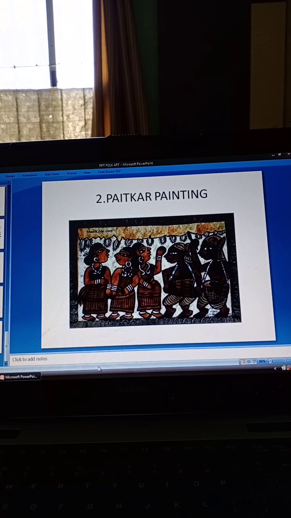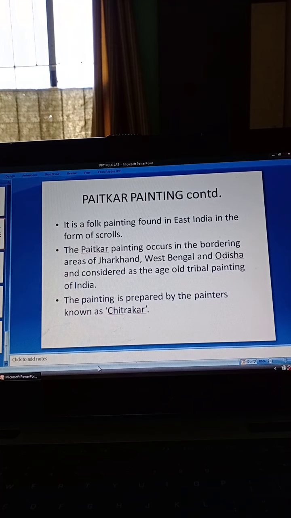Now have a look at Petkar painting. This is also one kind of folk art of Jharkhand, and you can probably see some kind of instruments in their hands. Anyway, let's see Petkar painting. It is a folk painting found in East India in the form of scrolls.